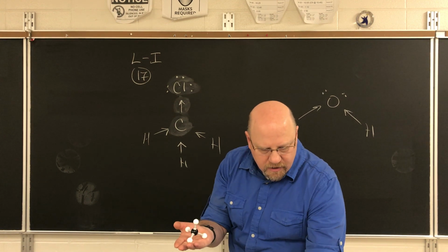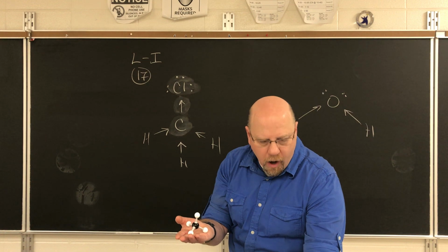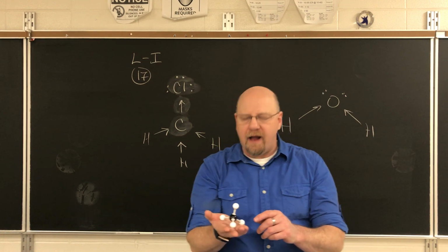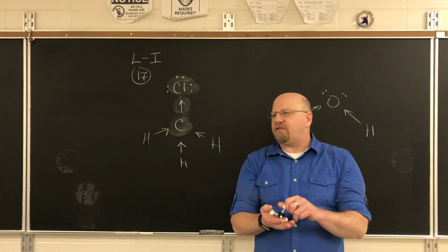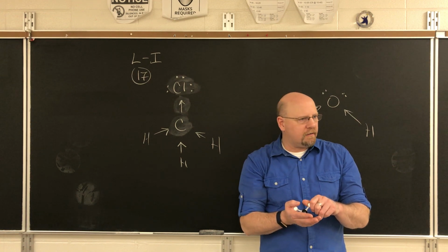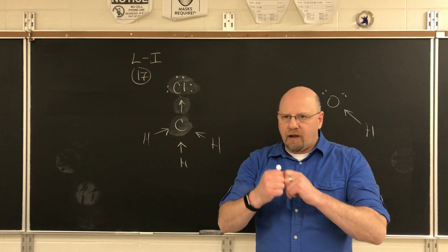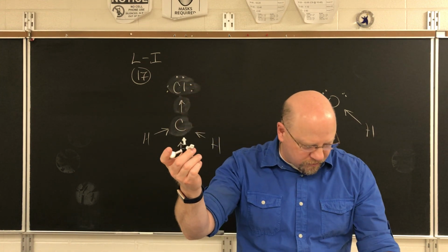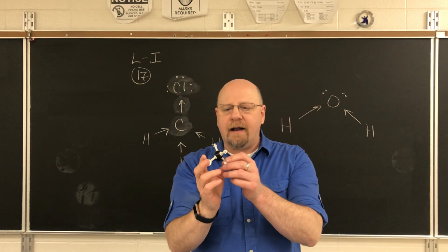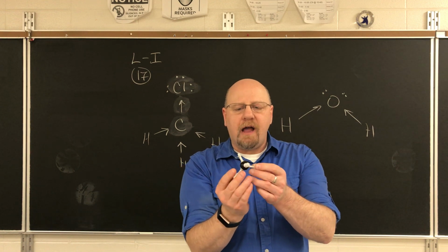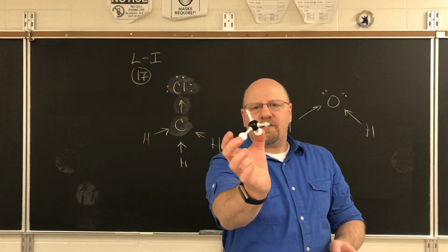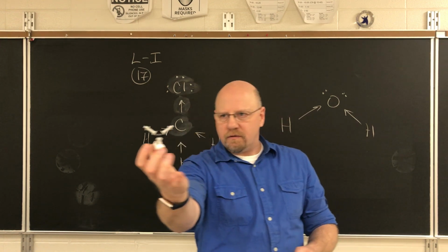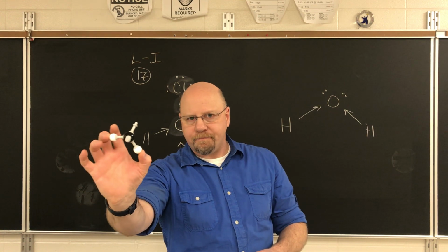So we'll do OF2, the one right below that. OF2 has 2 lone pairs of electrons, correct? So take off 2 of those atoms, not the sticks, just 2 of the atoms. And now you end up with something that's going to look like this.